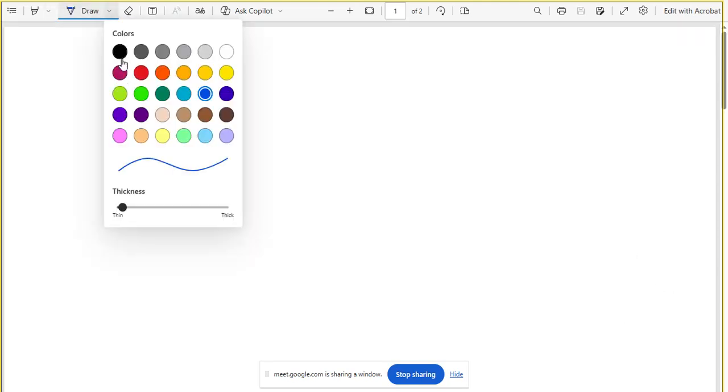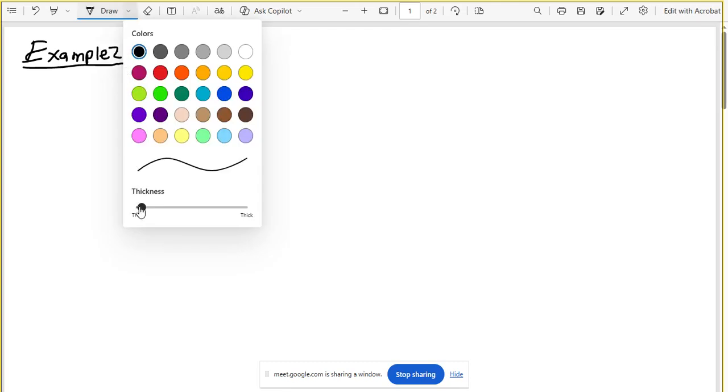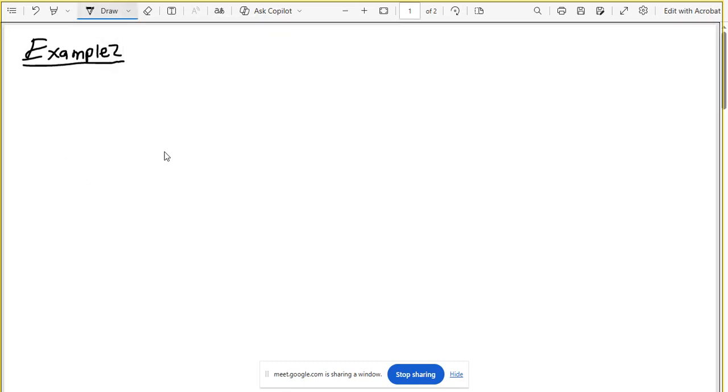Now, let's do the second example of plotting a graph. Let's say you are given g(x), and they say this is minus 2x squared plus 8.